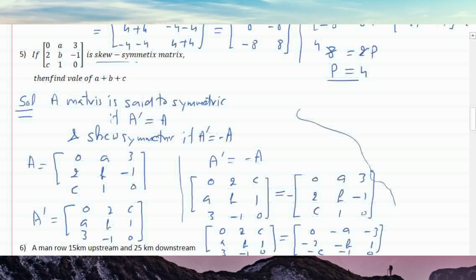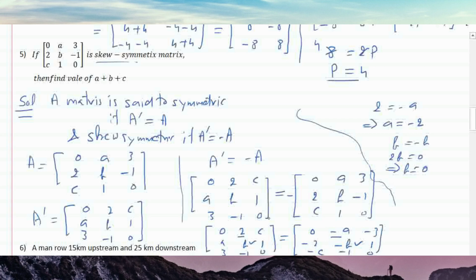See here, this 2 is equal to minus A. So 2 is equal to minus A. So this implies A is equal to minus 2. Now you take this entry, children. Here this B is equal to minus B. So B is equal to minus B means 2B is equal to 0, implies B is equal to 0.